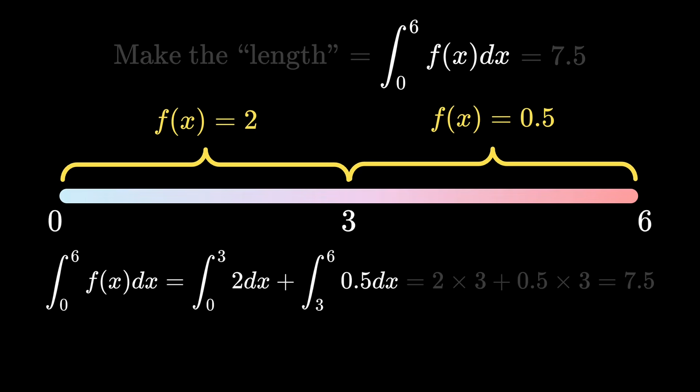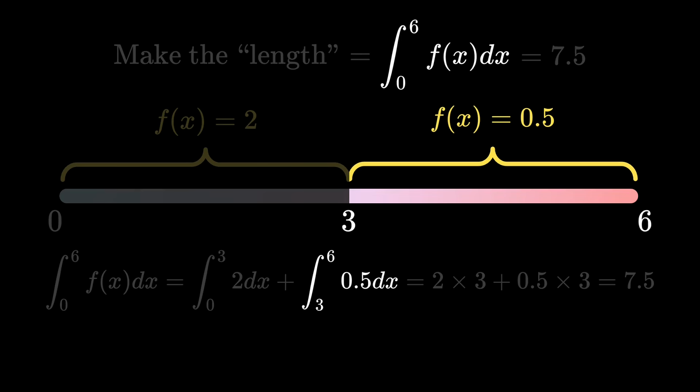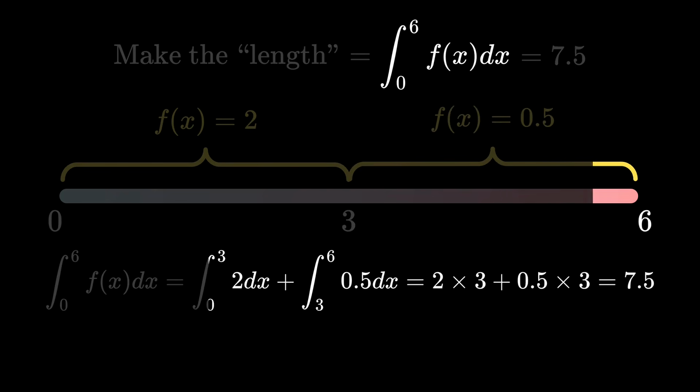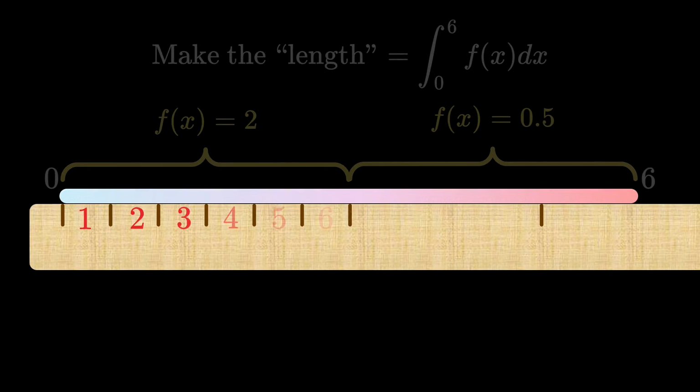The first part integrates the function, which equals 2 here, from 0 to 3. And the second part integrates the function, which equals 0.5 here, from 3 to 6. A bit of computation will show that this integral evaluates to 7.5, exactly the same as what we have obtained by changing the ruler tick marks.